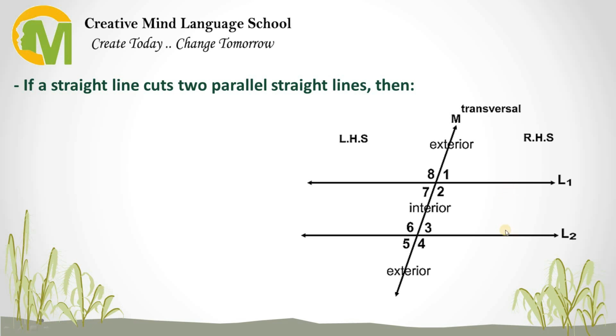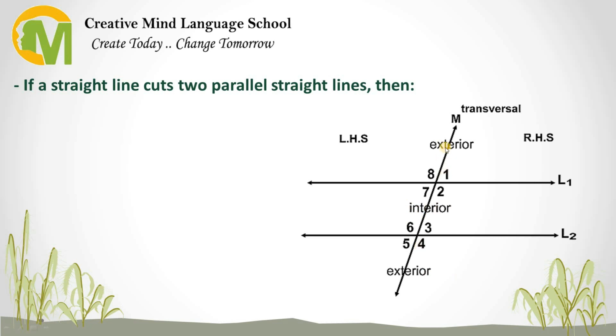Again, if we have two parallel straight lines, as shown, L1 and L2, and we have a third straight line, a transversal, that cuts the two parallel straight lines, then we have two sides, the left-hand side and the right-hand side, and three parts: an exterior part on the upper side, another exterior part on the lower side, and an interior part between the two parallel straight lines.